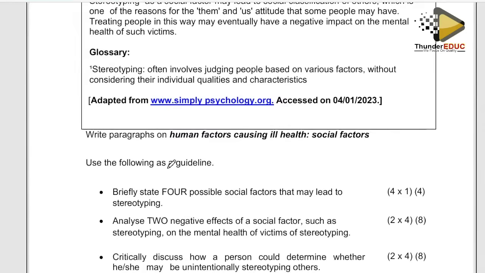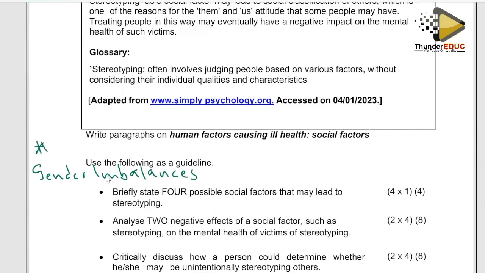Use the following as a guideline. Briefly state 4 possible social factors that can lead to stereotyping. So for this one, it is a brief outline of the factors. The first one is gender imbalances can lead to stereotyping.